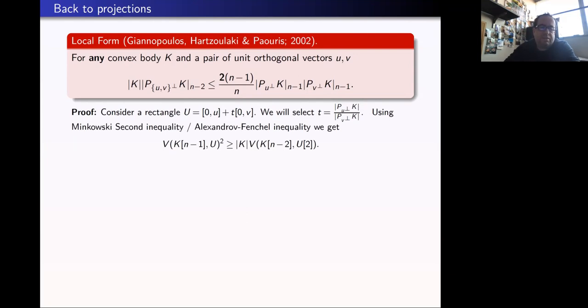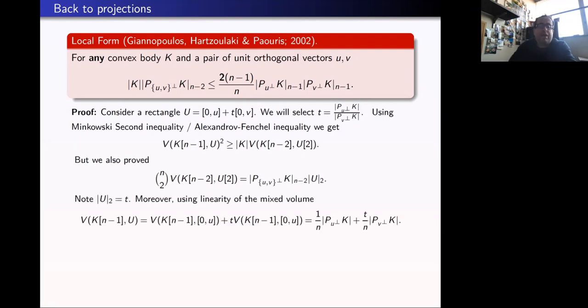Use Minkowski's second inequality or the Alexandrov-Fenchel inequality and get this. This is also classical, nothing bright here. But now we have proved that on the left, you have actually what you wanted, the projection of codimension 2 with some coefficient. You need to check it, but the coefficients glue up nicely.